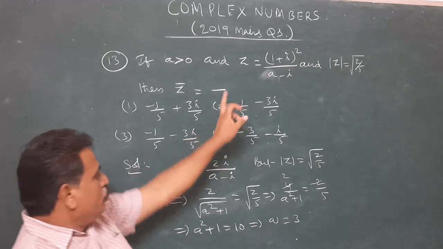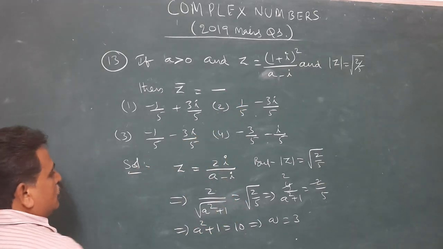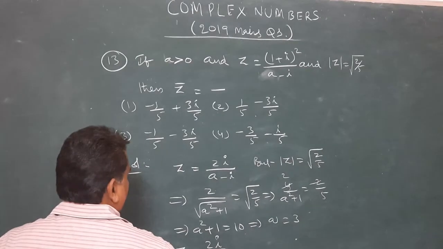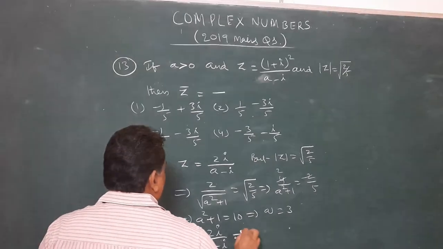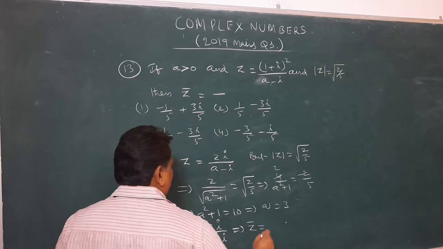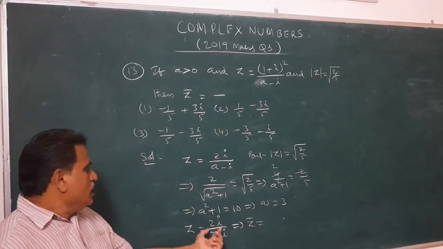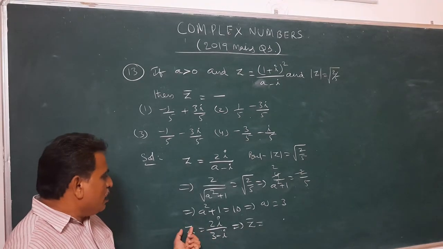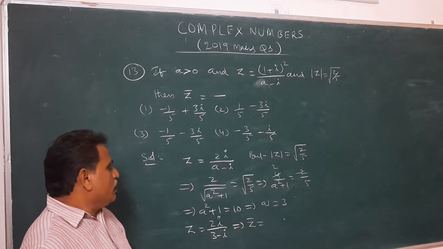Now substitute here in z. z equals 2i by 3 minus i. We actually want z bar. First of all you have to simplify z, afterwards find z bar.